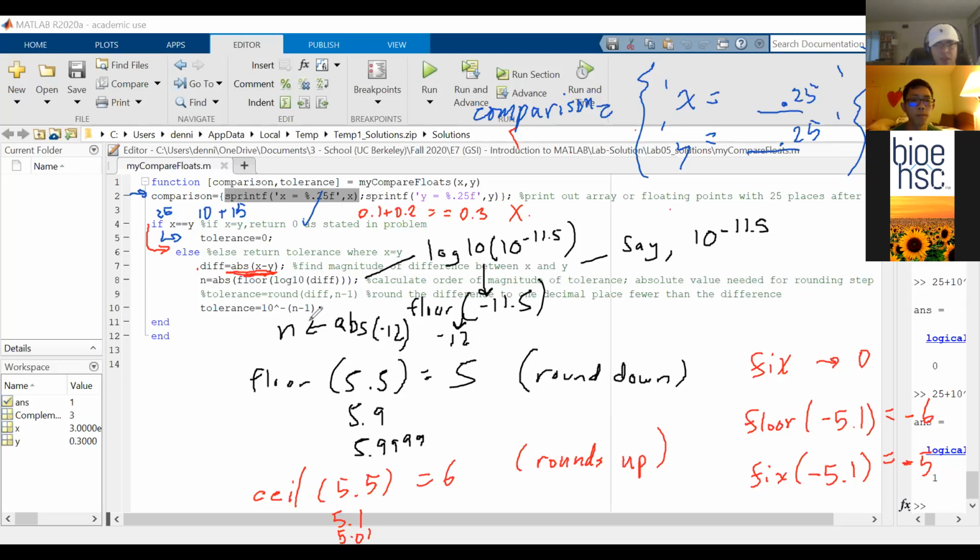Could diff be negative? No, it can't be, because it's an absolute value. Sorry, I was thinking of the function diff. This is an interesting naming for a variable because there's also a function called diff. I usually avoid naming variables the same as a pre-existing function because that can lead to confusion.